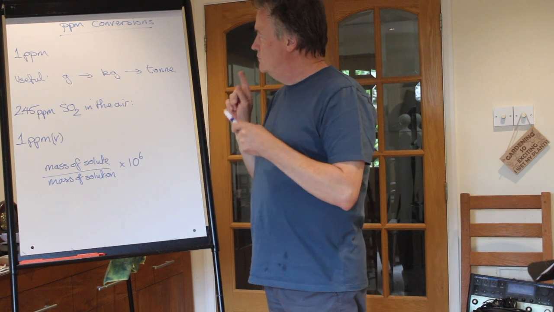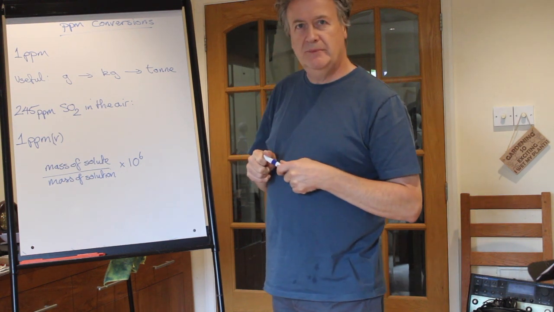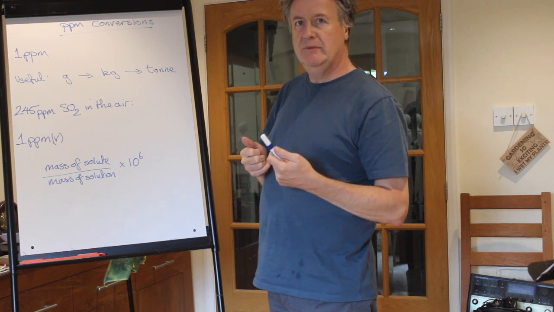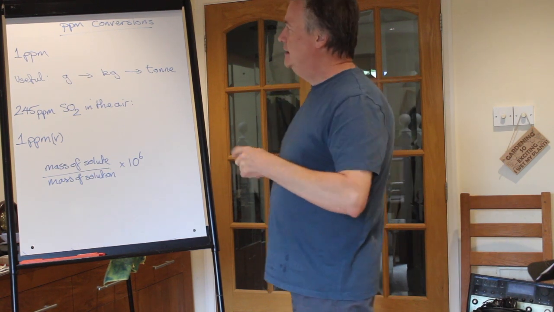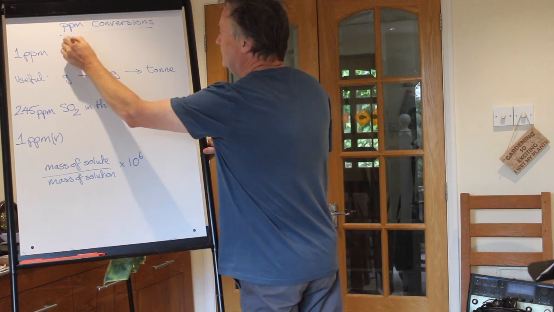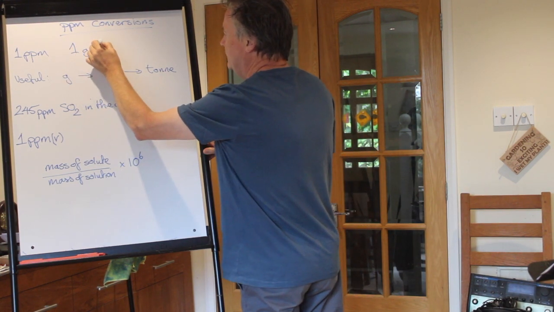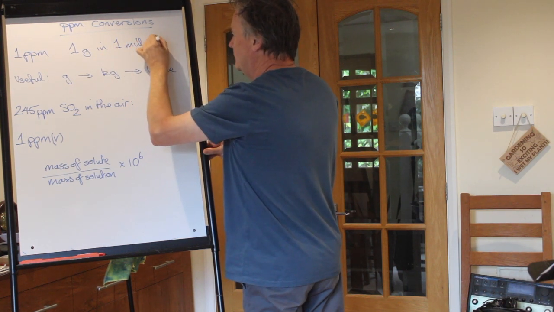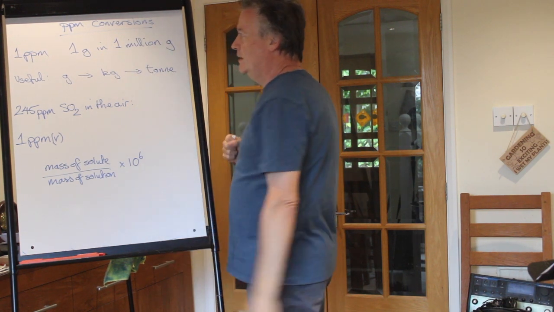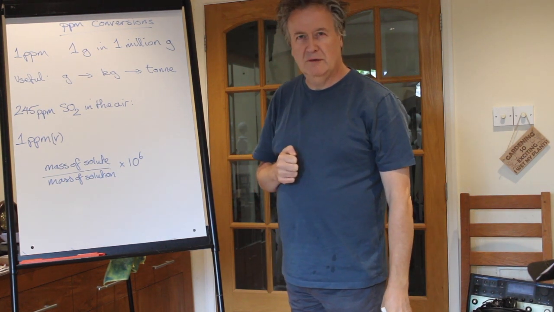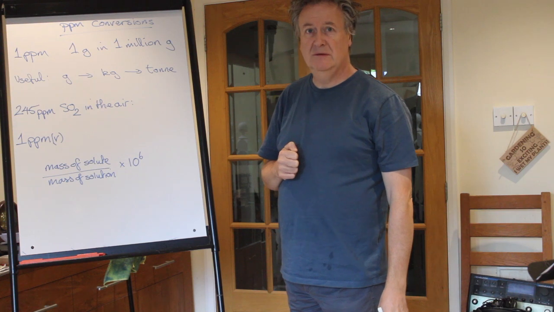So some little bits and pieces about the parts per million idea. Probably worth making some notes if you're really unsure. 1 part per million would mean 1 gram in 1 million grams. Seems like an awful lot of grams. Well, it is.